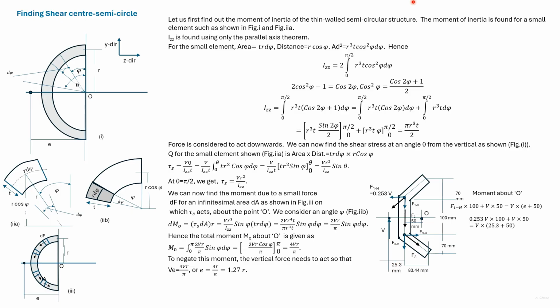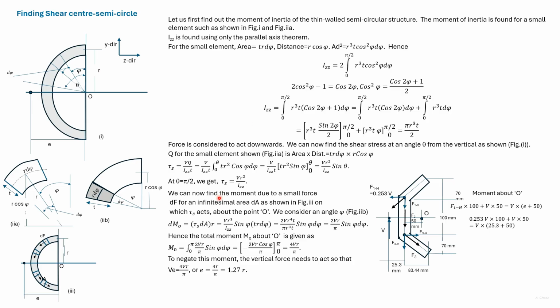So we consider moment about point O. Then F1 h multiplied by 100 plus V into 50 is equal to V into (e plus 50). We can see here that the left and right hand side match each other.